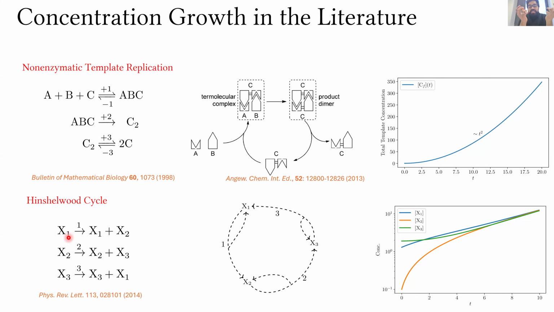Each of these species, X1, X2, X3, you can think of as some coarse-grained set of molecular species inside a cell. X1 could be the total amount of protein, for instance. You have this mutually catalytic cycle: X1 helps produce X2, X2 helps produce X3, and X3 helps produce X1.